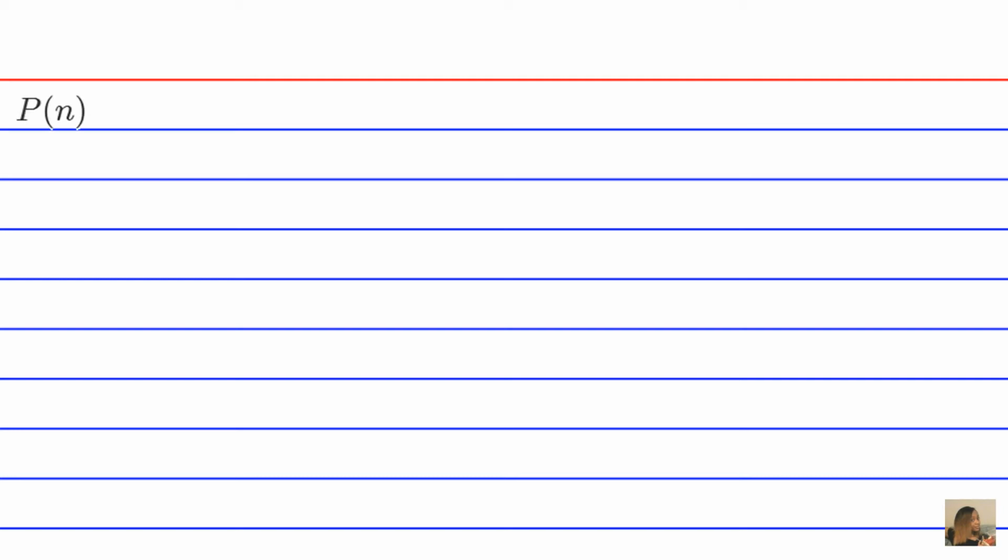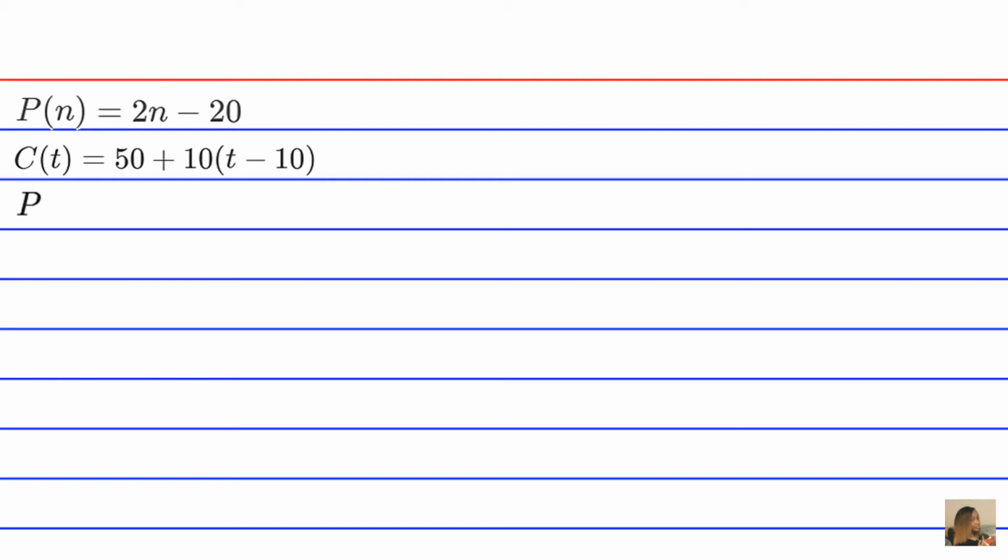Recall that I initially mentioned to you that P(N) is equivalent to 2N - 20. And also I told you that C(T) is equivalent to 50 + 10(T - 10).